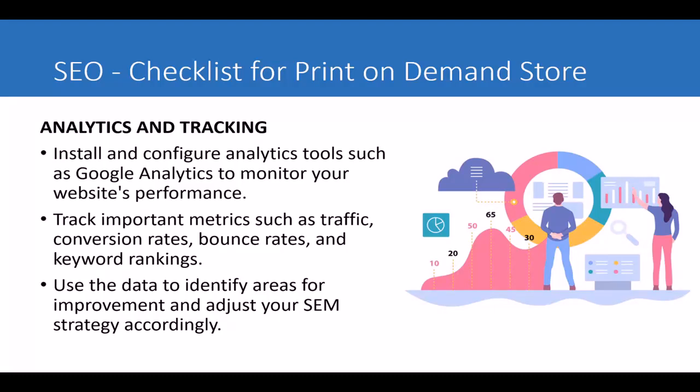Google has upgraded the analytics platform to Google Analytics 4, which is the current platform that they are using, and it has much improved ways of measuring all these metrics. So use this data to identify areas for improvement and adjust your search engine marketing strategy accordingly.